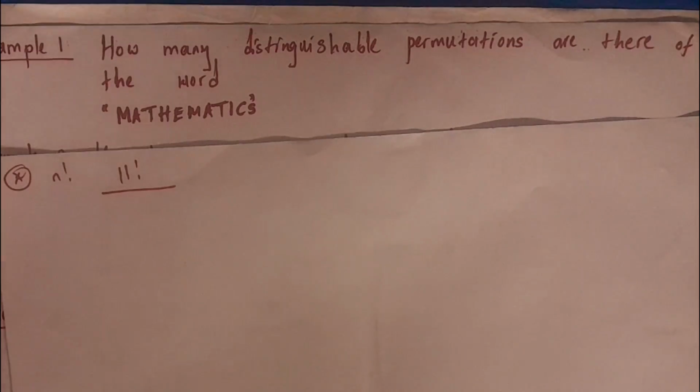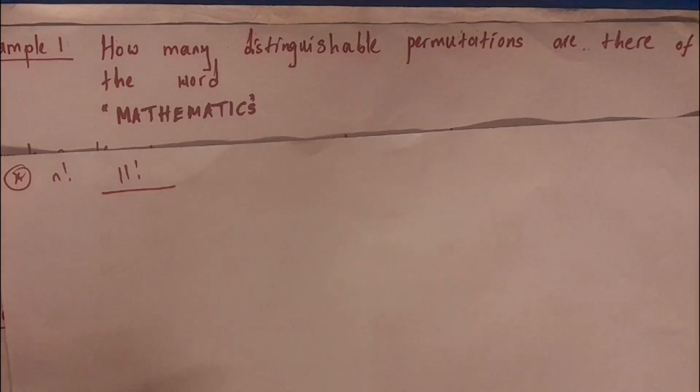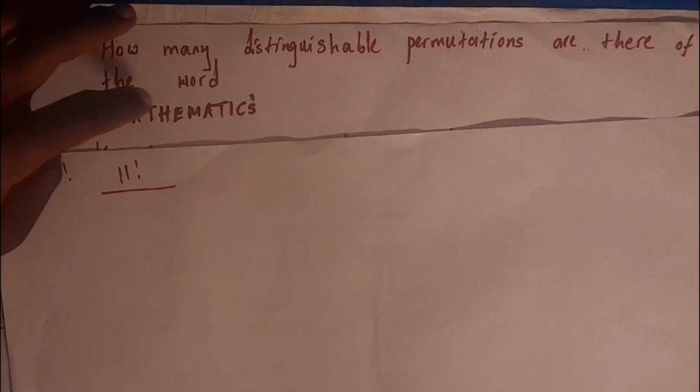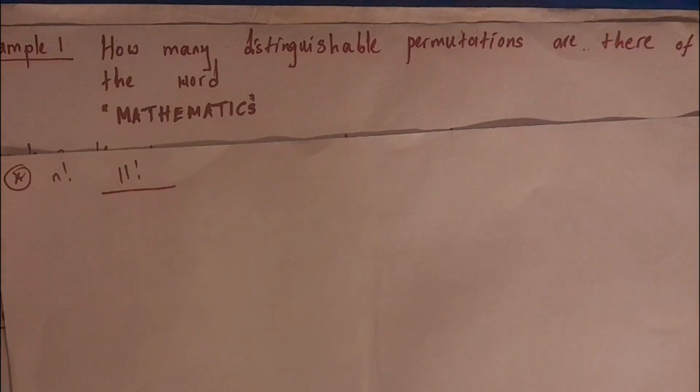Why are we dividing now? Because if you check back on the first explanation, with the word yet we did not have repeated letters. But now we have repeated letters: repeated M, repeated A, and repeated T's.